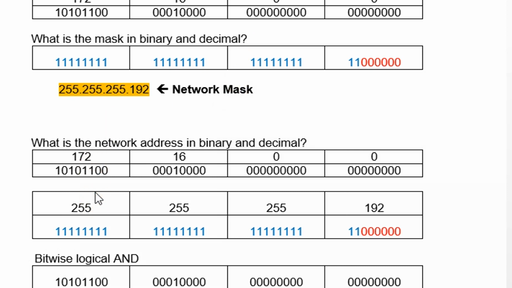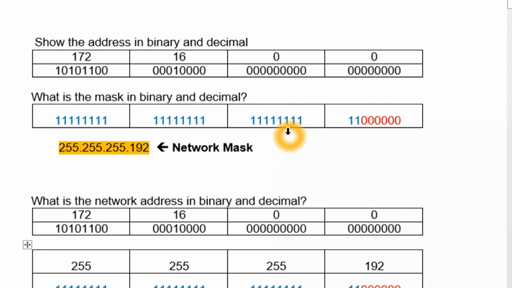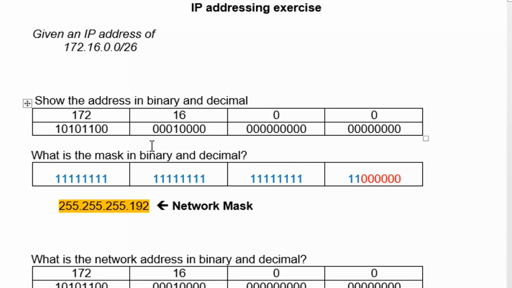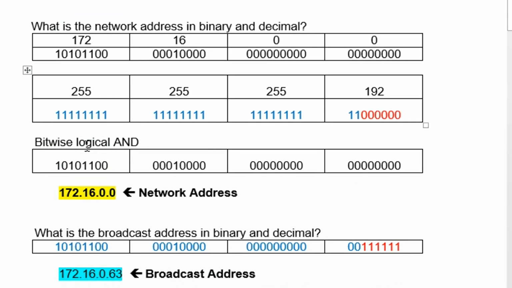Then the next question says: what is the network address in binary and decimal? To get the network address, you simply take the IP address and the network mask in binary, and carry out a bitwise logical AND. The previous video showed how to do a logical AND, and in short, all the results of a bitwise AND will be a 0 except when both are 1s.